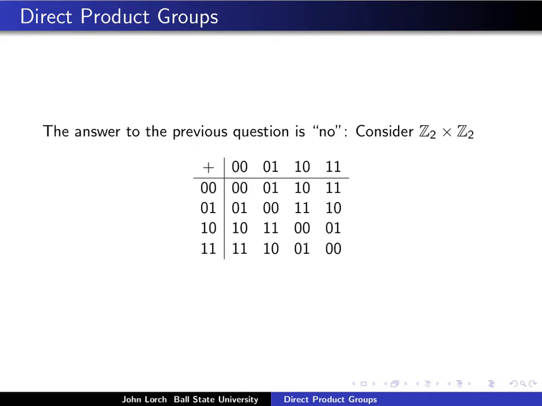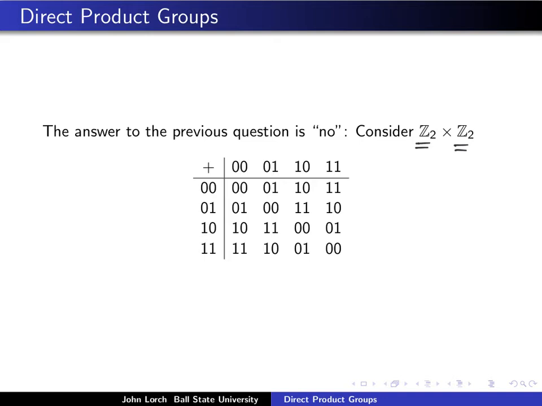And we don't really need to go very far to find an example of a direct product of cyclic groups that fails to be cyclic. So for instance, if we look at Z2 cross Z2, well, Z2 is a cyclic group. It's generated by 1, but this direct product fails to be cyclic.